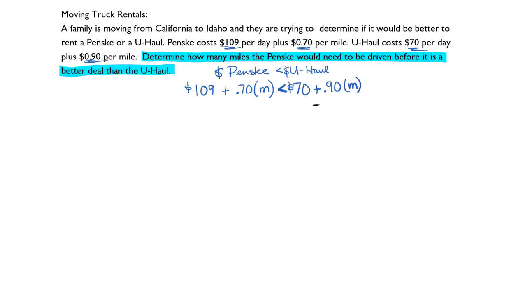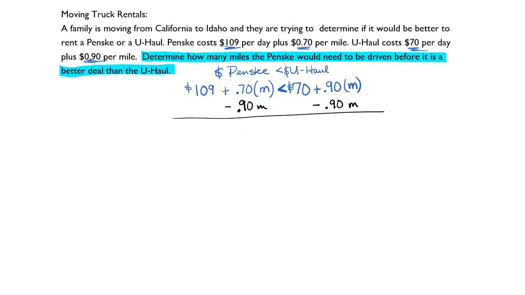So first, let's subtract 90 cents times M from both sides. And you might be thinking, why am I doing that? And the reason for that is I want my letters to be on the left, so my inequality points in the direction that it is true. You don't have to do it that way, but that is the way that makes the most sense for graphing.